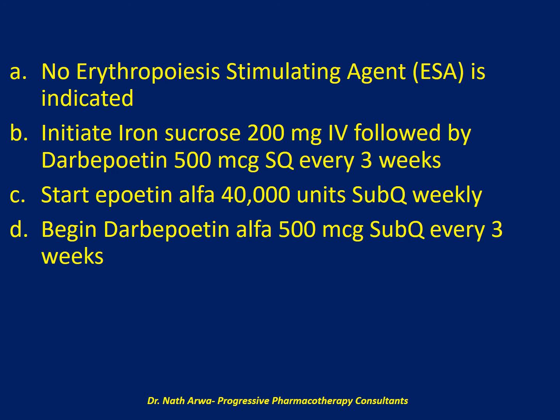Or should we start epoetin alfa at a dose of 40,000 units subcutaneously weekly? Or should we begin darbepoetin alfa at a dose of 500 micrograms subcutaneously every 3 weeks? I'll give you 10 seconds to choose the correct answer.